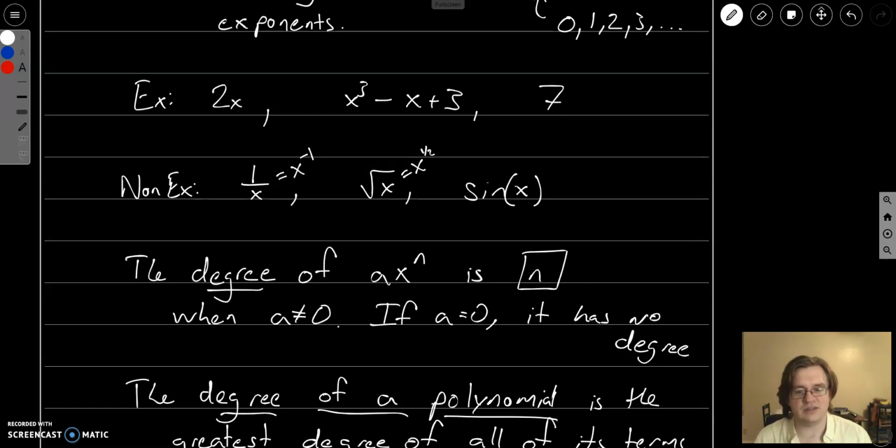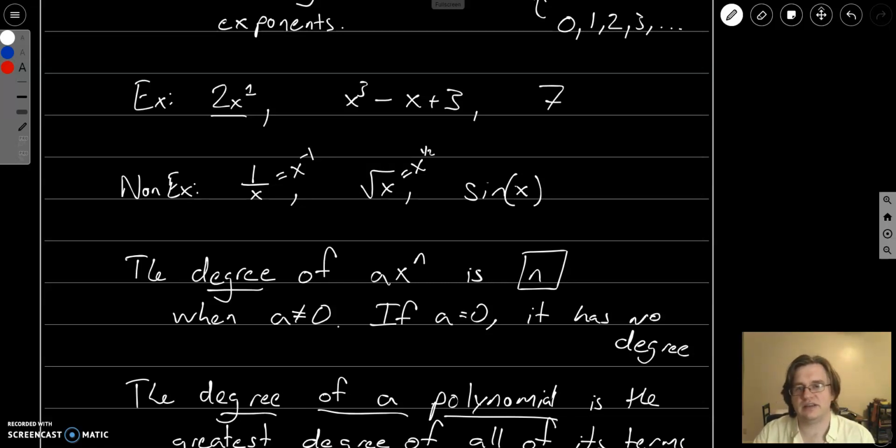Now, if a is 0, it doesn't look like a times x to the n, it just looks like the number 0, and the number 0, we don't consider that has a degree. So for instance, this first polynomial up here, 2 times x, the degree of this polynomial is 1. Because this is going to be x to the first power. So the degree of this first one is 1.